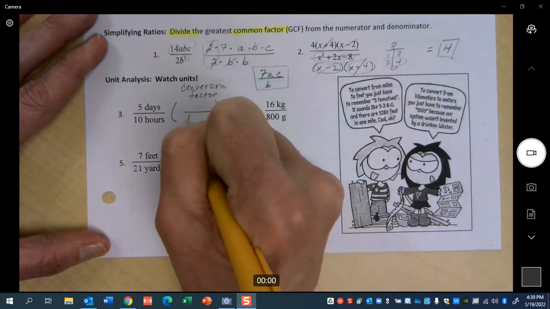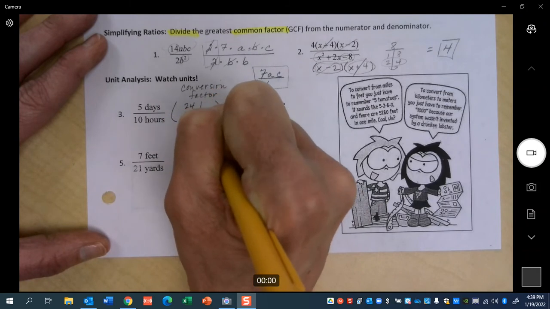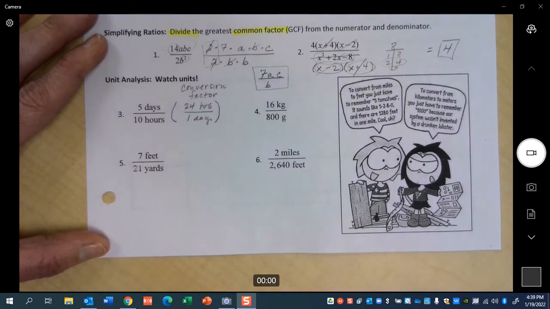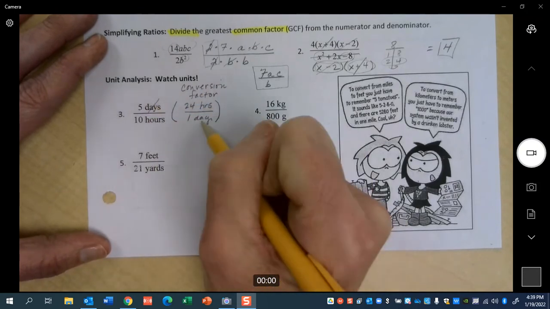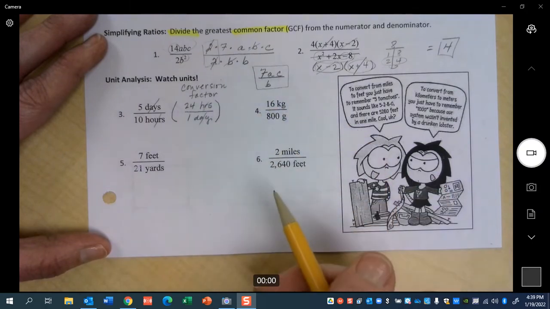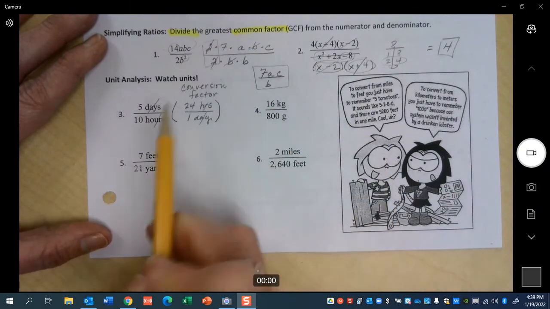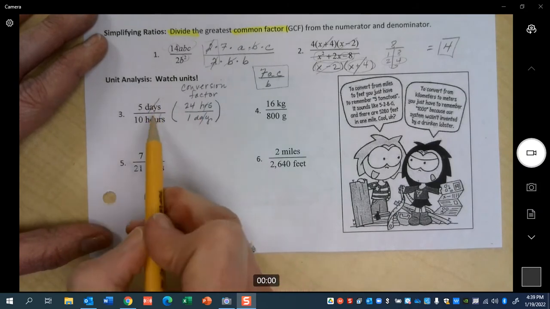I know in every one day, there's 24 hours. And kids will sometimes say, how do you know what goes where? Well, you want these units to cancel out because what you want is a simplified ratio that's not dependent on units. So again, multiplying fractions is no problem.